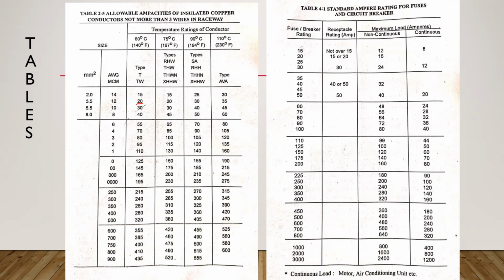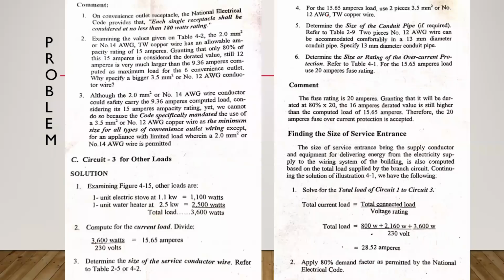So, for that, 20 amperes ang gagamitin natin, yung wire niya is 3.5. So balik tayo dun sa ating problem. So for the 15.65 amperes load, we will use 3.5 or number 12 na copper wire.